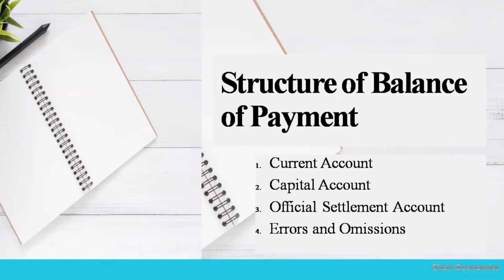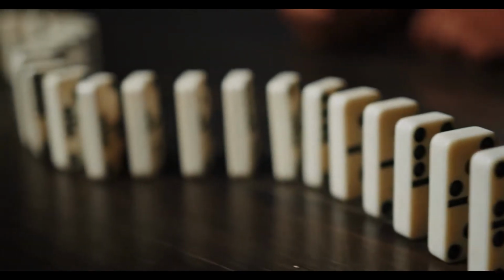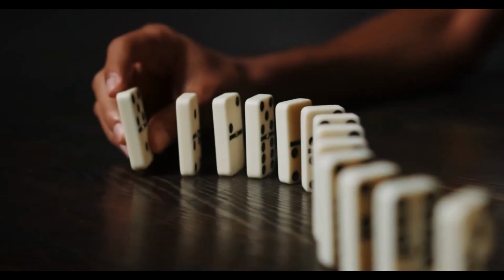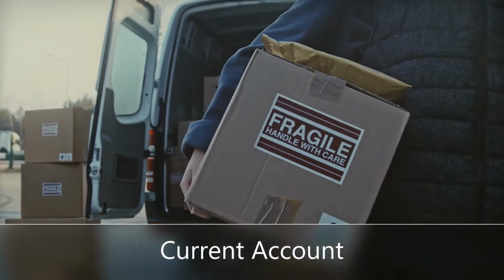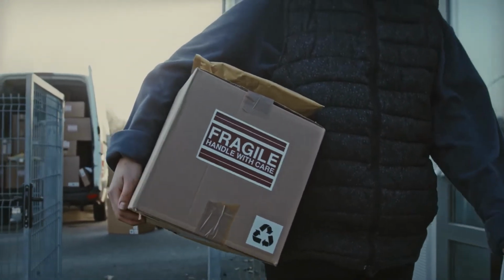Those are the trade account, which is the register of export and import of commodities or visible items, and the invisible account, which is for the register of export and import of services, transfers and income. In the current account, import of goods and services is considered a debit item, while export of goods and services is considered a credit item.